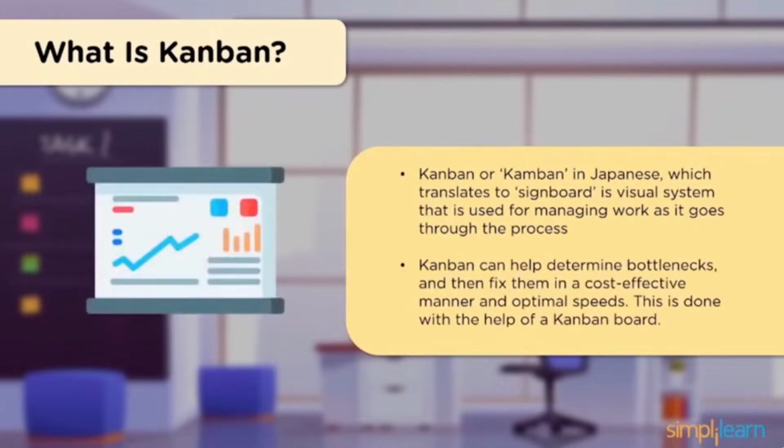With this, you can easily identify bottlenecks and then fix them cost effectively at optimal speeds. The main focus with Kanban is transparency. Since everything related to the tasks is on the board, everyone can keep themselves updated. It also ensures that teams focus on their current tasks until they're done. This limits the amount of work that's in progress.